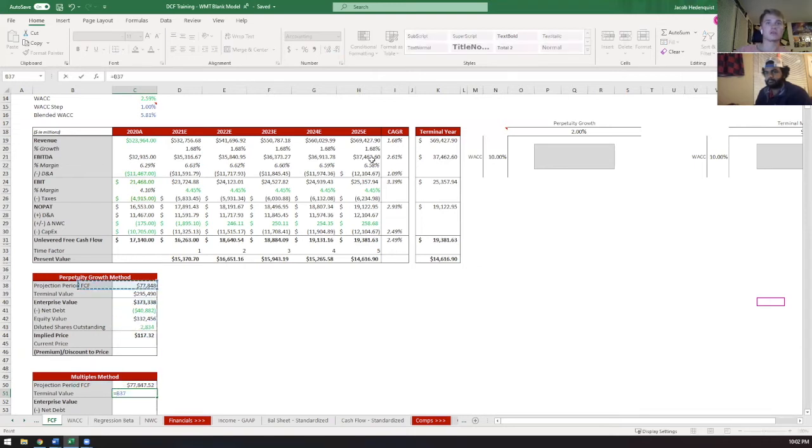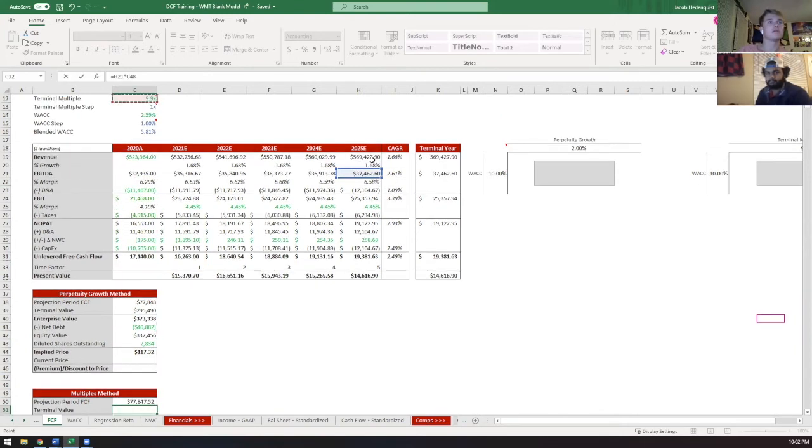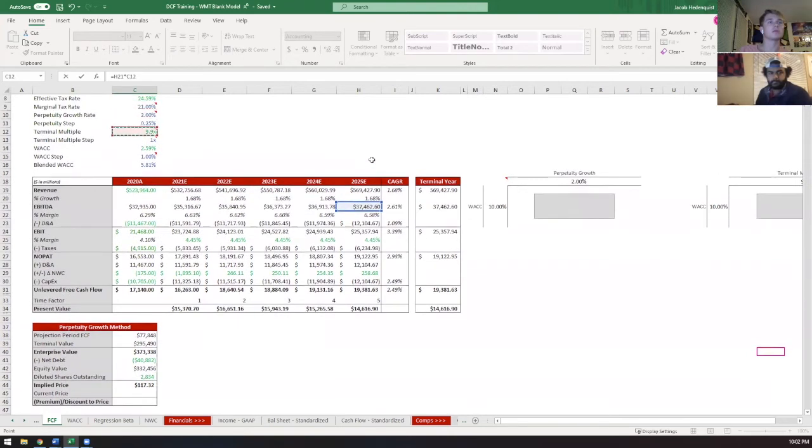So to show this, we are going to take that 2025 EBITDA number and multiply that by this median EV to EBITDA terminal multiple that we got. Just to make sure this calculates correctly, I'm going to put parentheses around this.